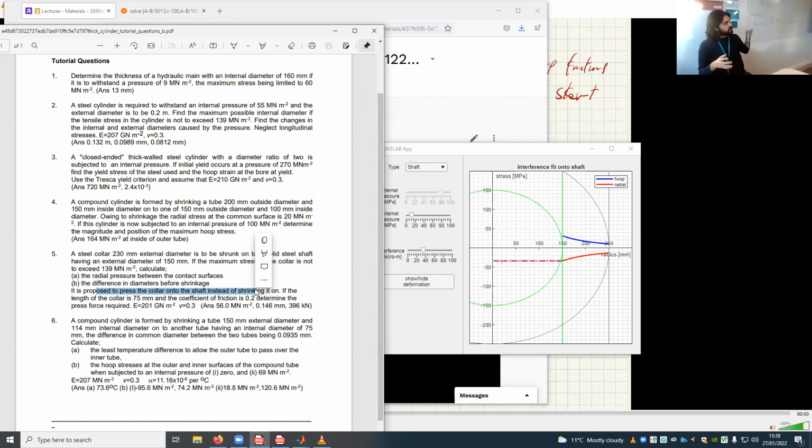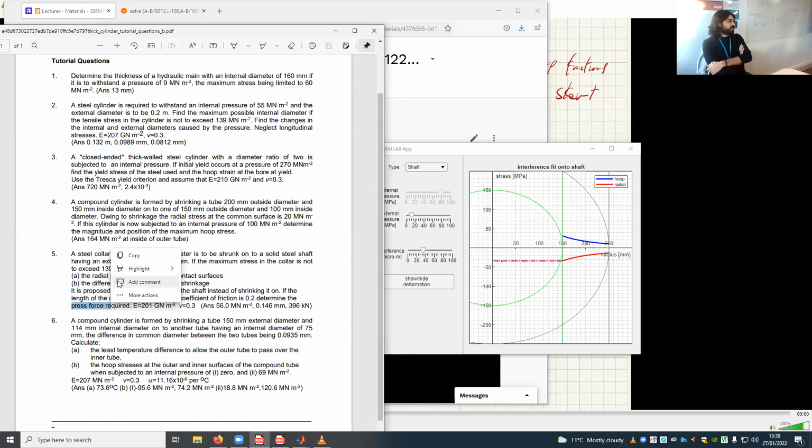But you can also do a press fit. So just force the shaft into the sleeve and call it a day. But of course, this means that you have some friction. And it's asking how much press force is required for this press fit to happen.